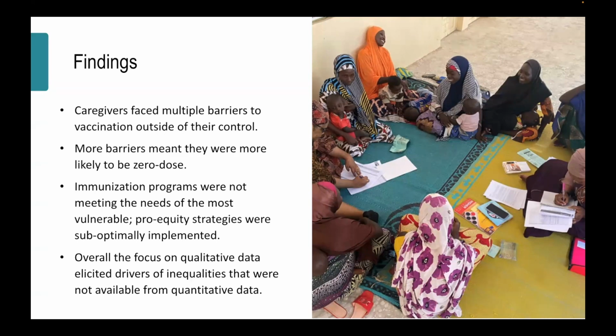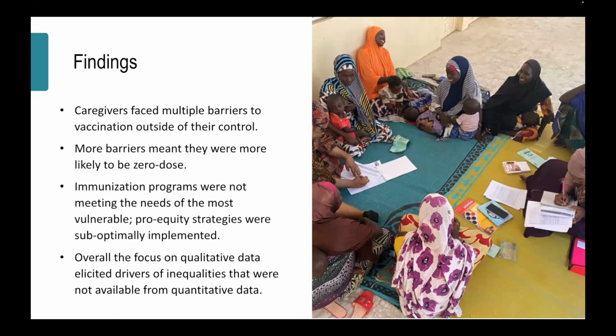These are related to gender, poverty, access, as well as service experience. And with each additional barrier, the qualitative risks of being zero-dose increased. We also found that the immunization programs were not meeting the very needs of the vulnerable.